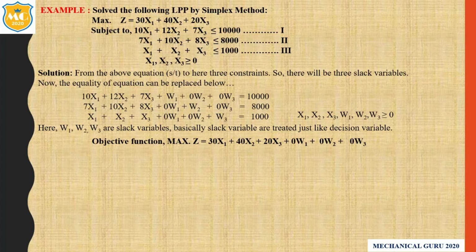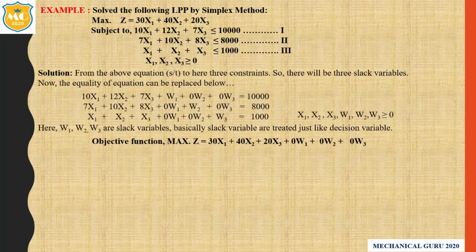It does not have any impact on the cost, so the coefficient of the slack variable in the objective function is taken as 0. And in the respective constraint, the coefficient of its slack variable is unity and the other slack variables are taken as 0.